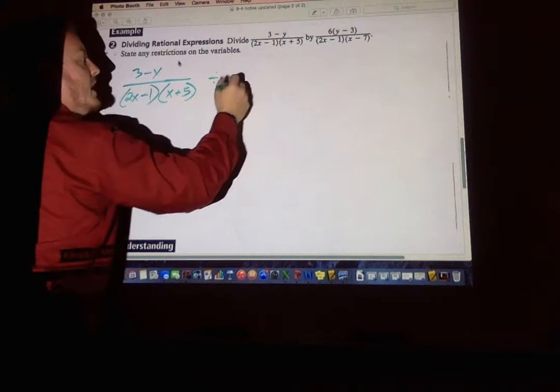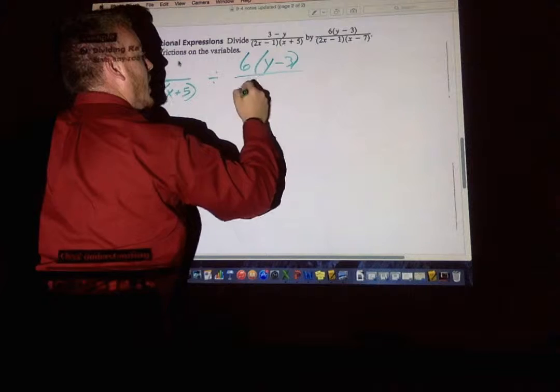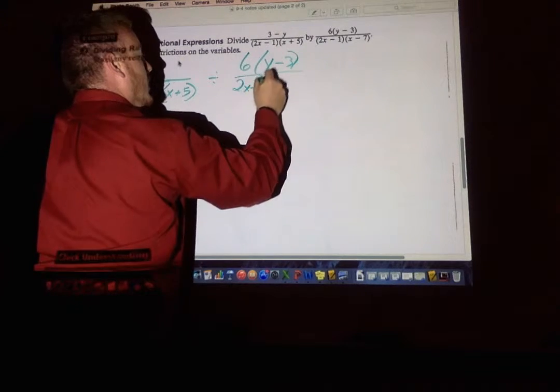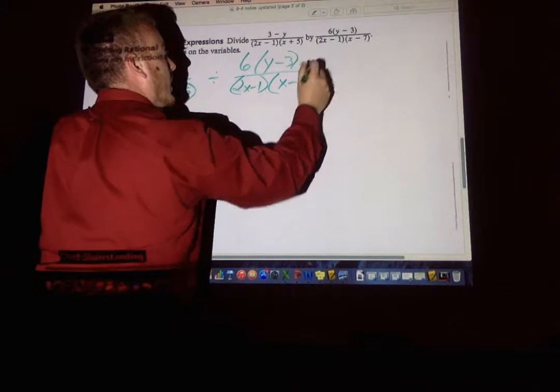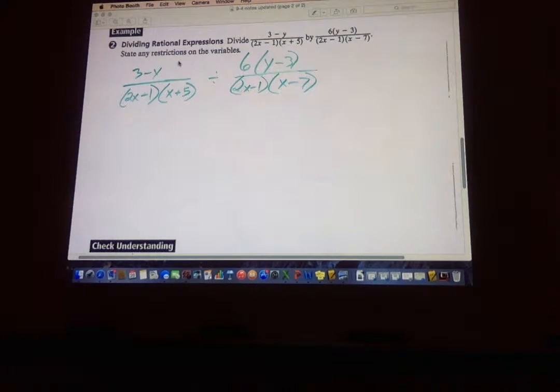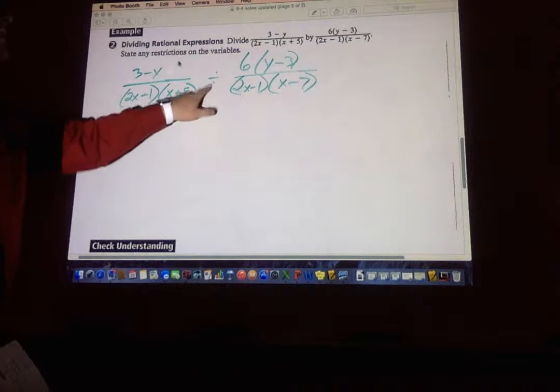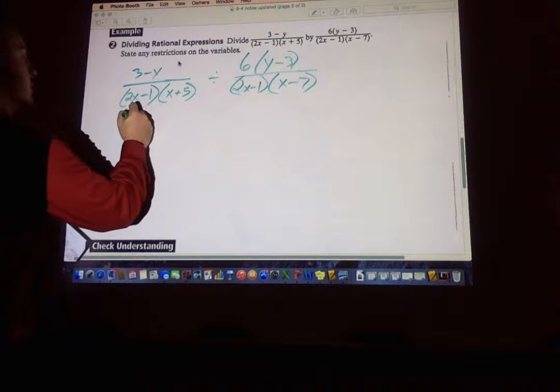Okay, that's getting divided by 6y minus 3 times 2x minus 1 times x minus 7. All right. So this is our question. We're asked to divide these two. What's the opposite of division? Well, we can multiply by a reciprocal. So that's what we're going to try first here.